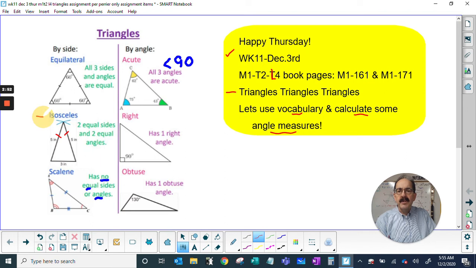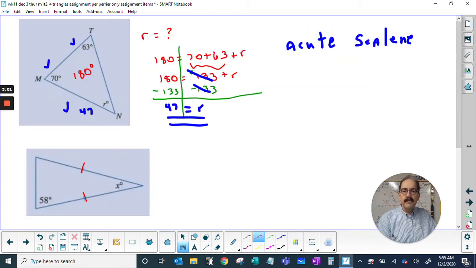It's called isosceles, and it has two equal base angles. So we have an isosceles triangle, and the base angles are equal. Well, if the base angles are equal, that means that's 58 also.